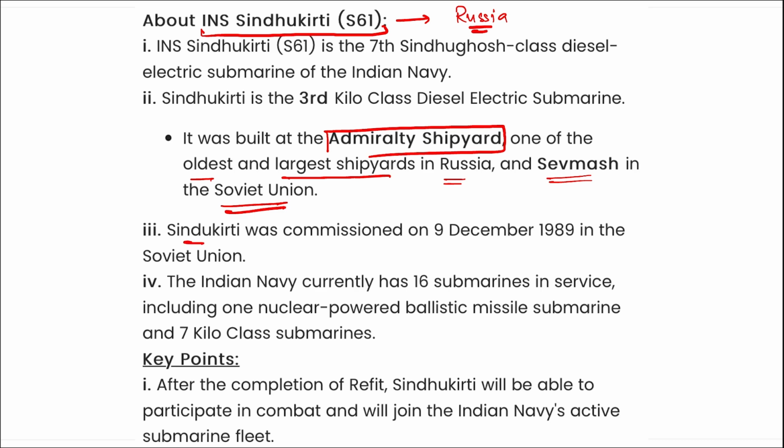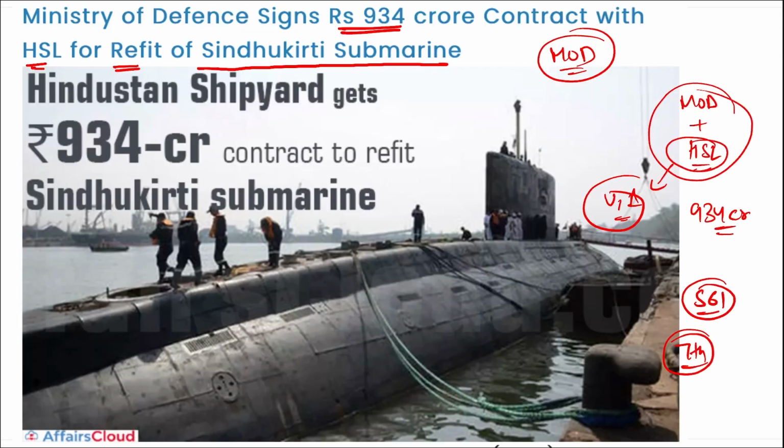All right, Sindhu Kriti was commissioned on 9th of December in 1989 in the Soviet Union, and the Indian Navy currently has 16 submarines in service, including one nuclear powered ballistic missile submarine and 7 Kilo class submarines. All right, so coming back, remember it was your Ministry of Defense that has signed a contract with Hindustan Shipyards Limited for the normal refit of the INS Sindhu Kriti submarine.